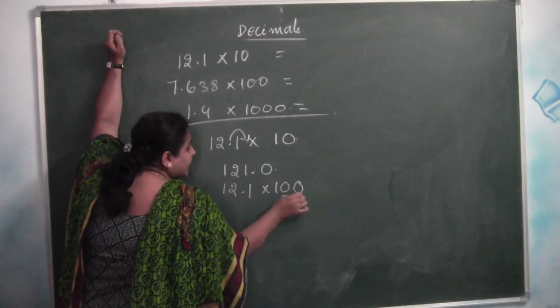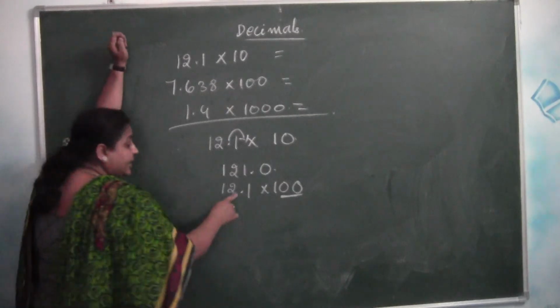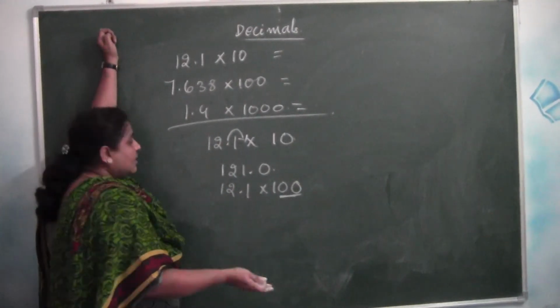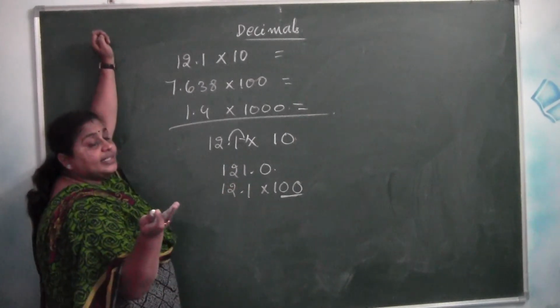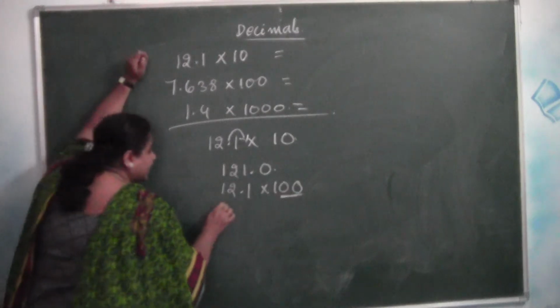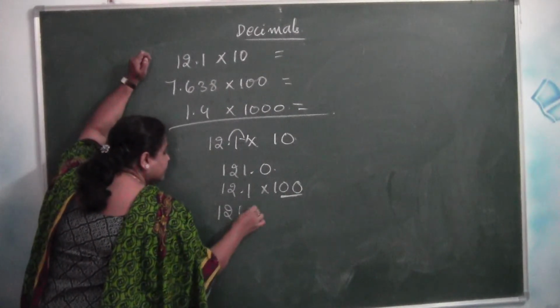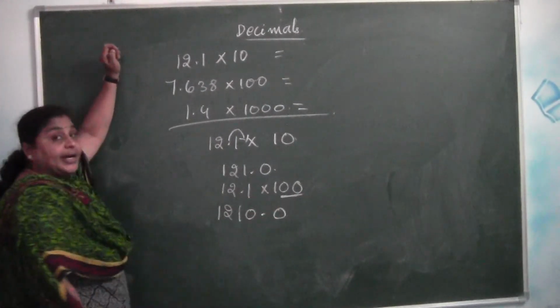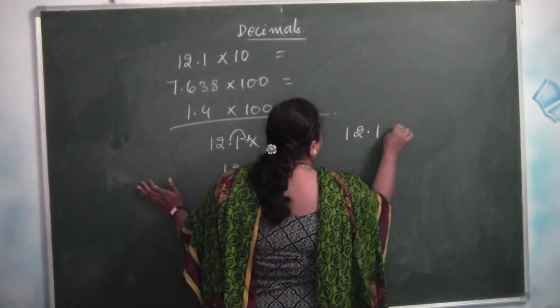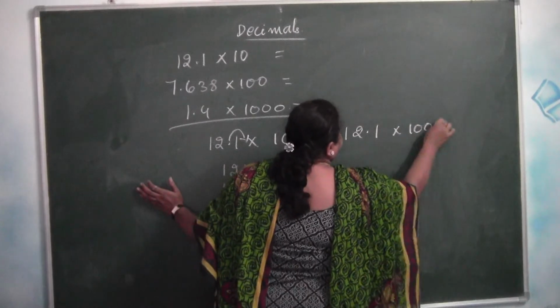Got it? The same number, 12.1 into 100. How many zeros do I have? 2 zeros. It means the decimal point will jump after 2 digits. But here we have only 1 digit. What are we going to do? We are going to add a 0. That is 1210.0. And then 12.1 into 1000.